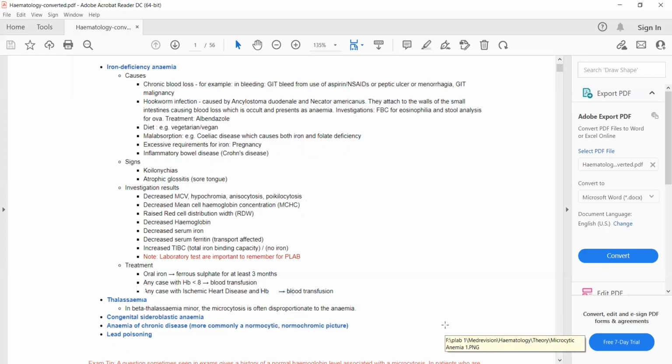And then anemia of chronic disease can sometimes be microcytic anemia, though more commonly, anemia of chronic disease is normocytic and normochromic. And the fifth cause is lead poisoning can also cause microcytic anemia. So we'll discuss these causes one by one.